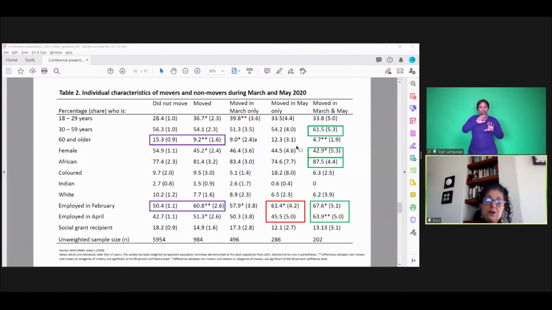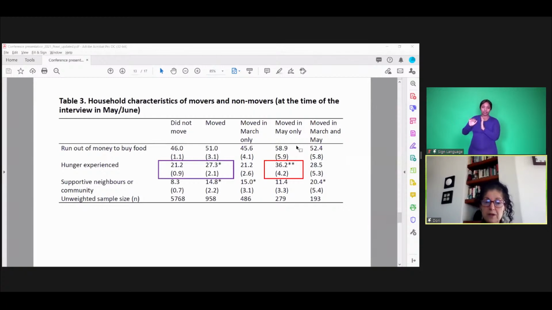And briefly, if we look at indicators of well-being, you can see that overall, adults who moved during the lockdown periods were significantly more likely to report having experienced hunger in the previous month. But this result is being driven by higher levels of hunger, particularly amongst adults who moved only in May.